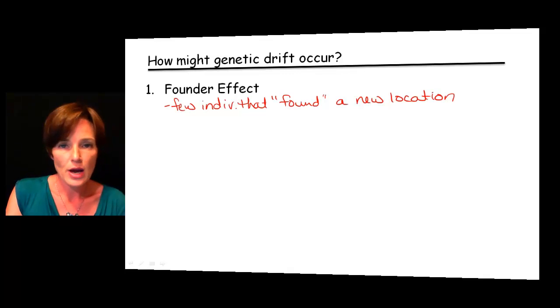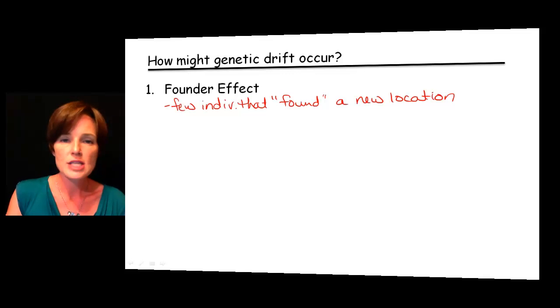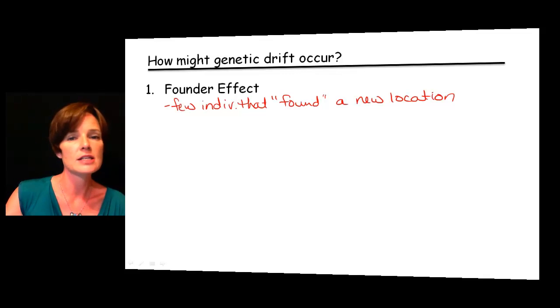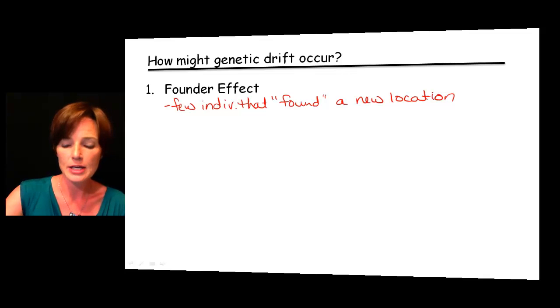So imagine that you have an isolated population, perhaps on an island, and a few individuals happen to make it off of that island and they suddenly colonize a nearby island. Whatever individuals those happen to be that got off of the first original island, they're going to help determine the genetic makeup of that new island that they're inhabiting.